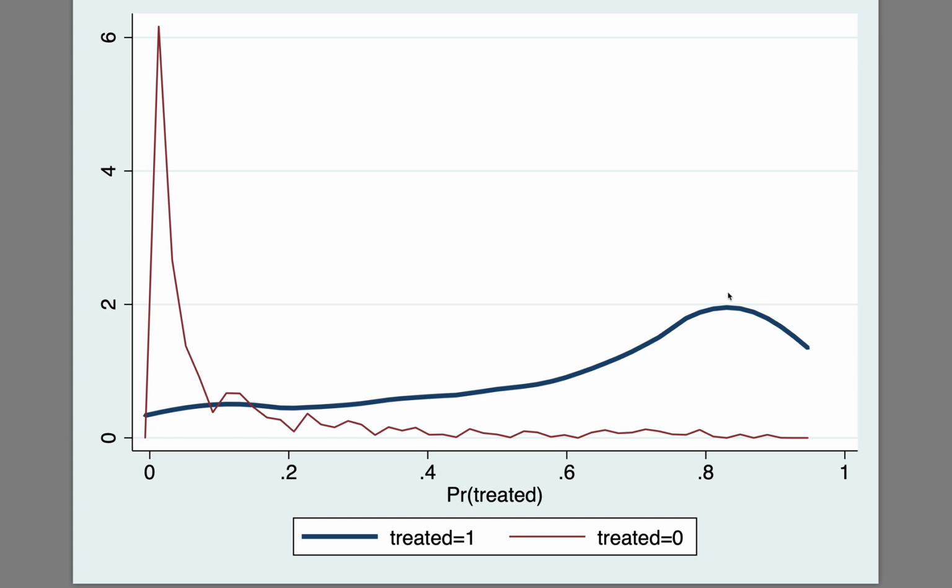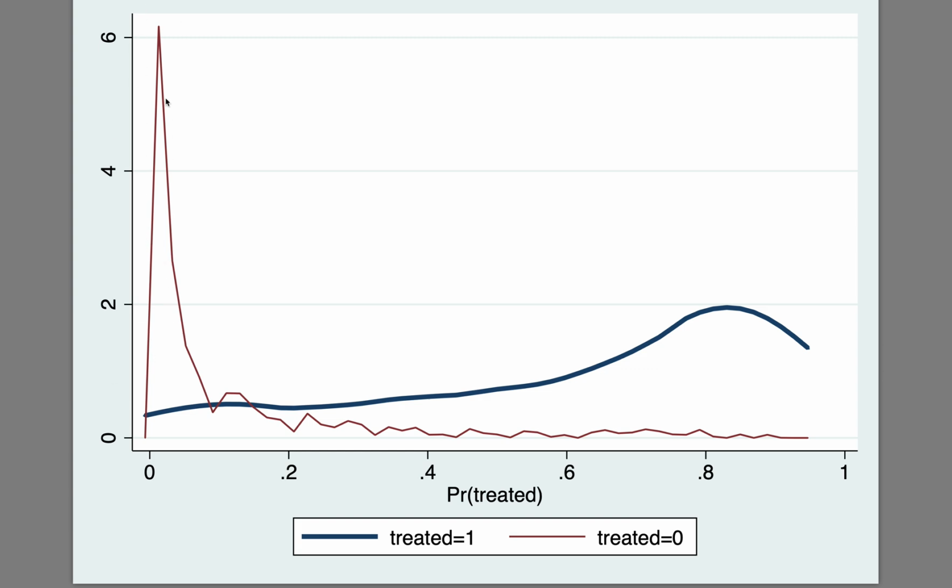We actually have a lot more that are closer to 1, which is what we would expect. So it's kind of left-tailed, whereas here we have a right-tailed for the treated equal to 0. So that means it's the same thing that we saw earlier, that we have a high density at 0, which means that the characteristics in the control group are starkly different from the characteristics in the treated group. And so that's going to give us a problem when we're matching. It's something we've already discovered before.